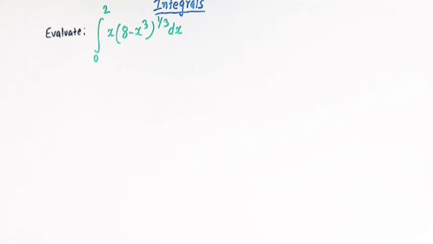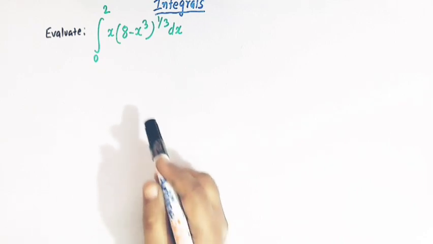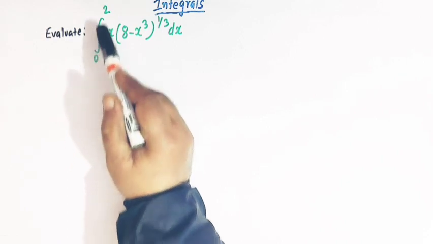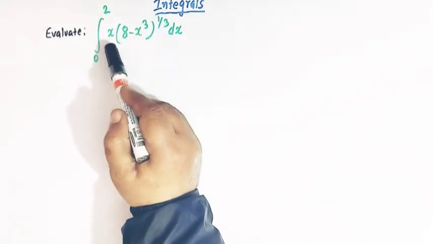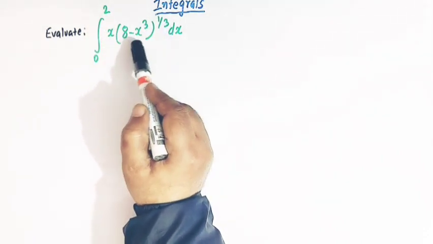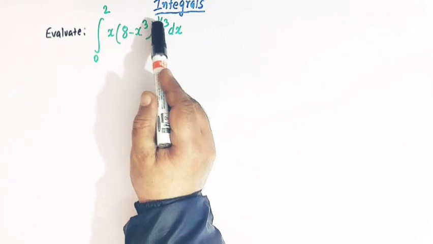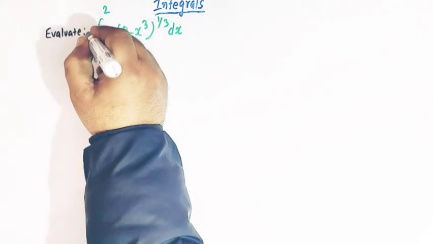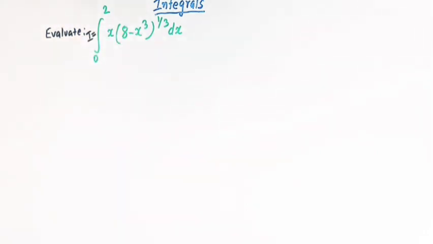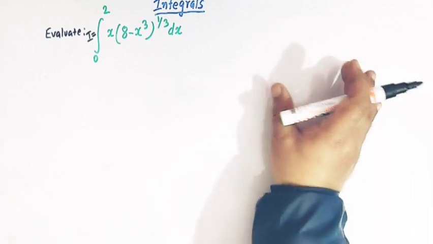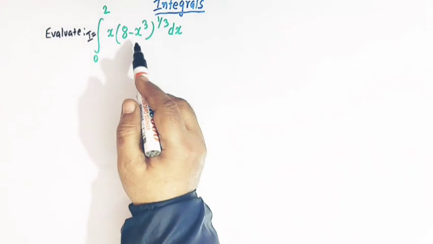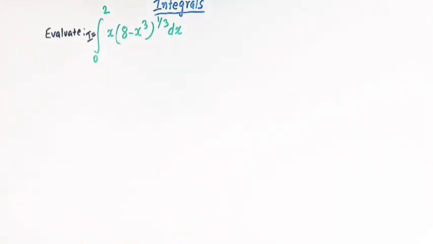In this lecture we'll solve this very important integral, from 0 to 2, and the integrand is x times 8 minus x cube raised to 1 over 3. Let us call this integral I. Let us first see the list of results which are going to be used while solving this integral.